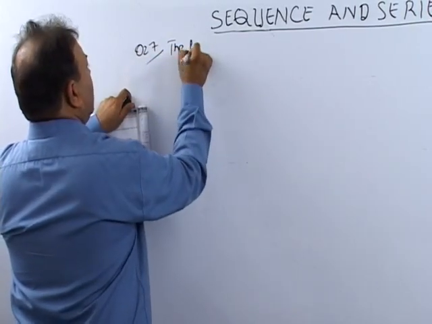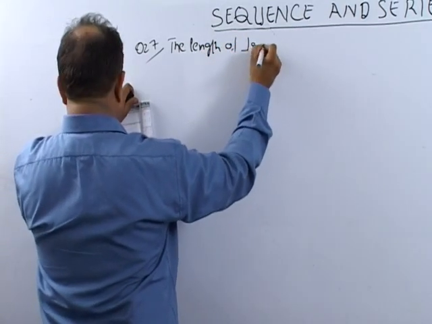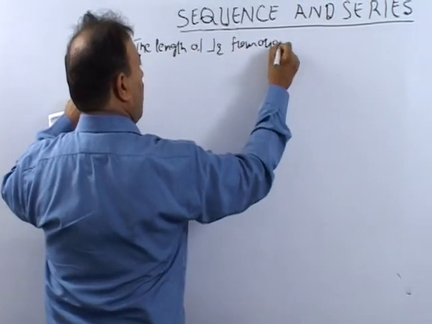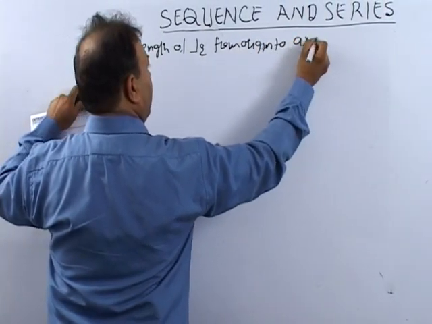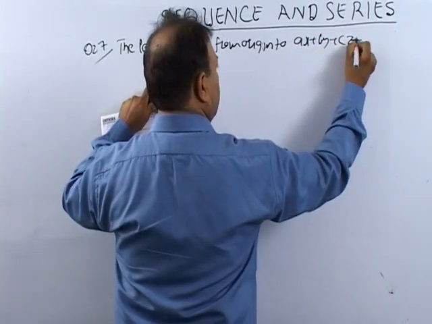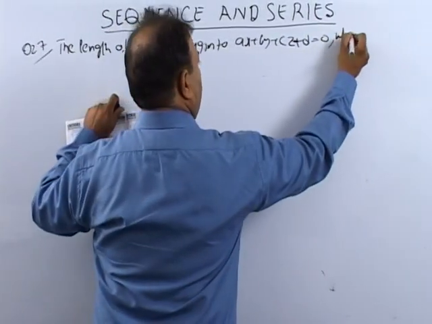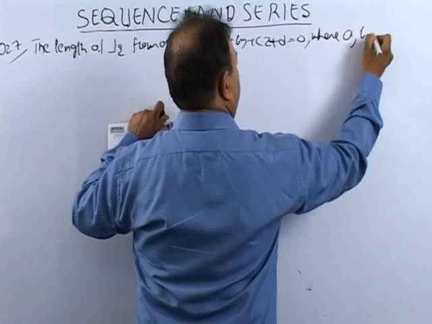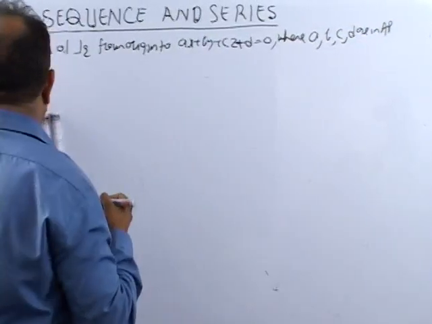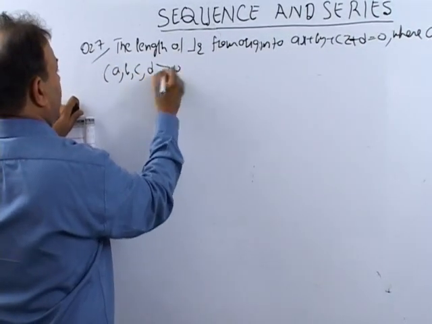We have been given the length of perpendicular from origin to plane दे रखा है ax plus by plus cz plus d is equal to 0, where a, b, c, d are in AP, and we have been given these all numbers are greater than 0.